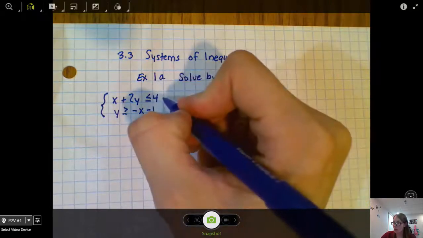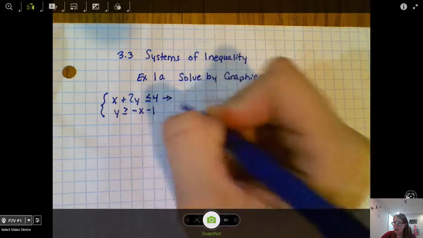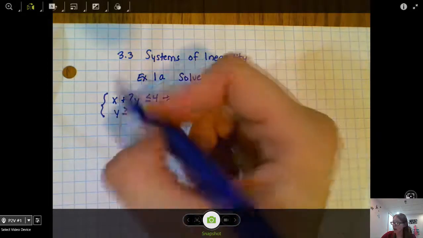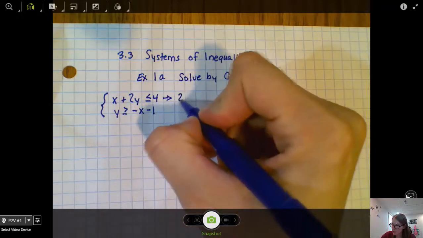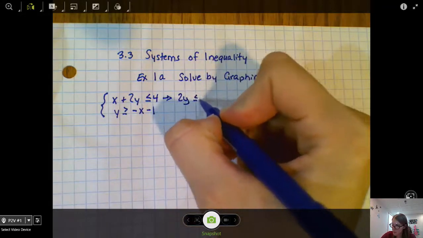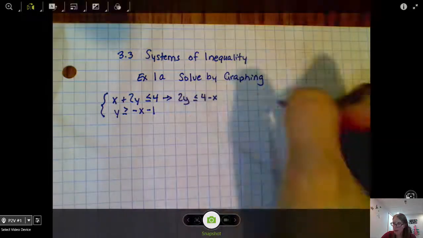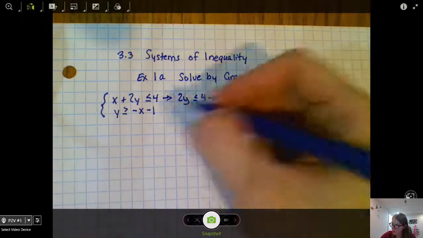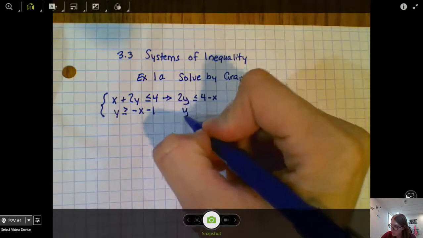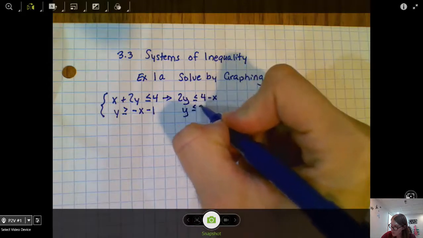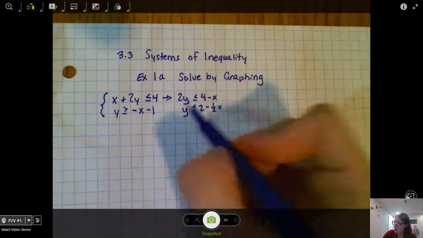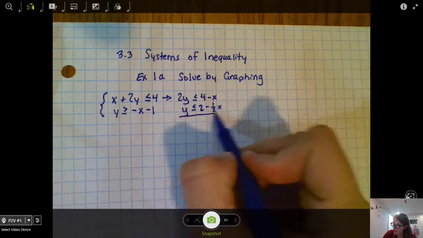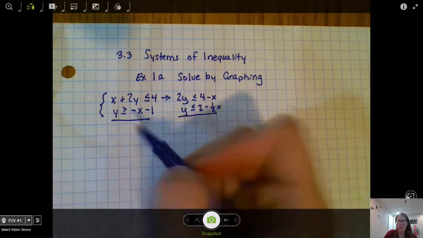So we need to do the same thing up here with our top inequality. So I'm going to start off by subtracting x from both sides, and then dividing by 2. y is less than or equal to 2 minus 1/2 x. All right, so I'll underline here my two inequalities that I'm working with.